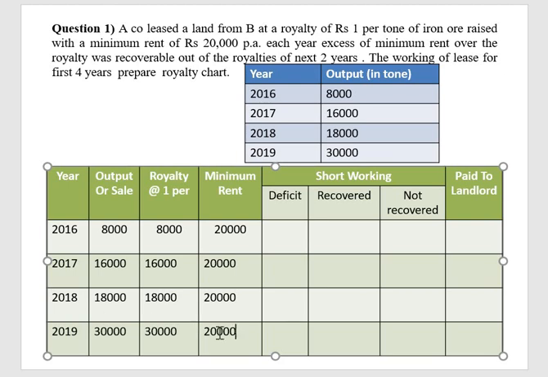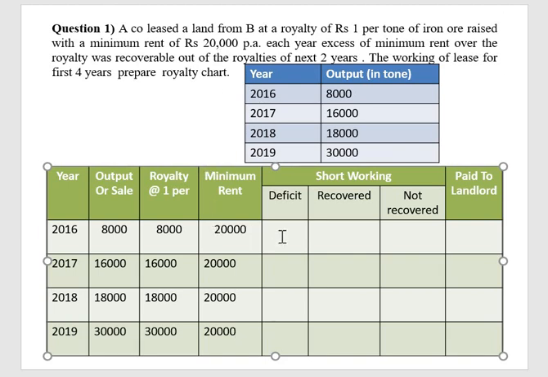In that year only, minimum rent will be changed. Otherwise, if there is no strike in the given problem, whatever minimum rent is mentioned in the problem will remain. Minimum rent is nothing but a fixed amount given by the lessee to the lessor. Is it clear?